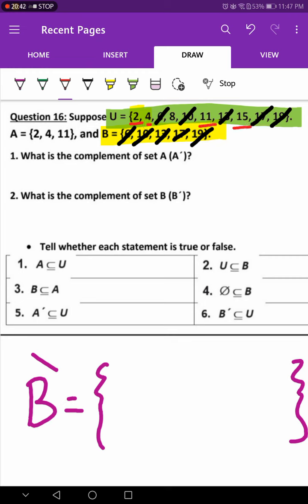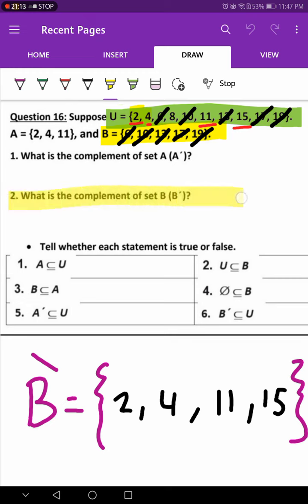Those are the elements that the set B missed to be universal. So B complement equals the set that contains the elements 2, 4, 11 and 15. Okay, my dear students, so this is question number 2. Yes, this is the answer.